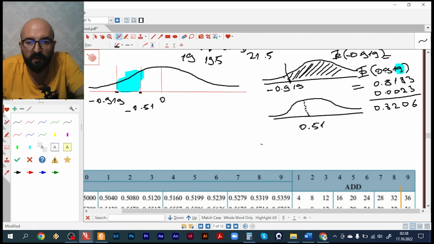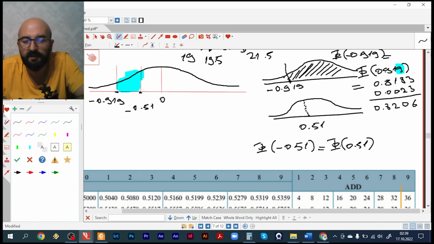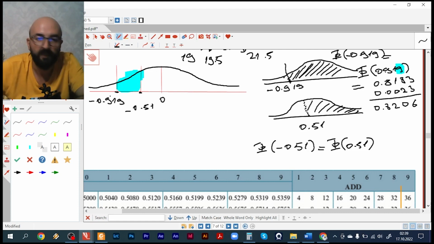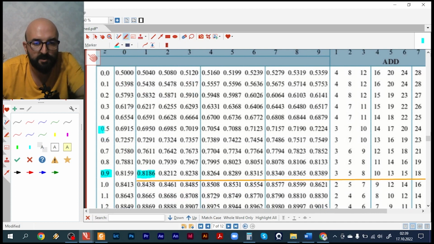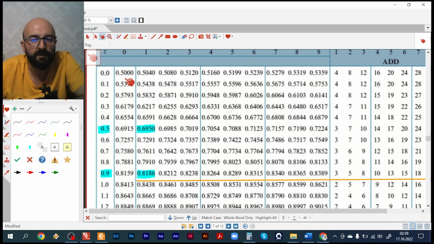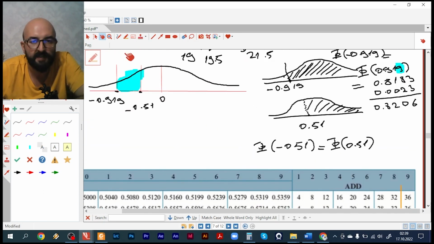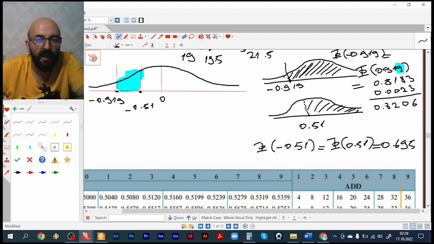0.51, which also means phi of negative 0.51 is the same as for positive 0.51, and in the Z table the 0.51 value shows us the big area value. So I want to find 0.51, and 0.695.